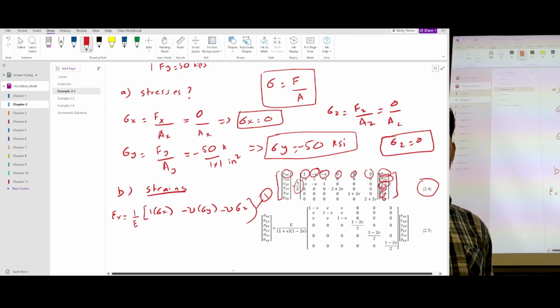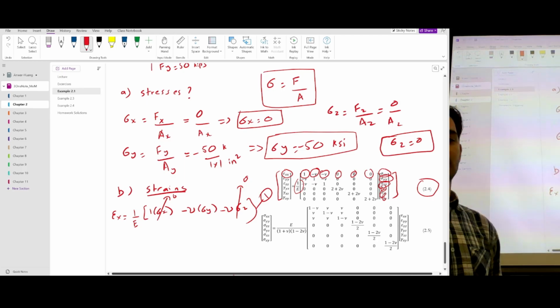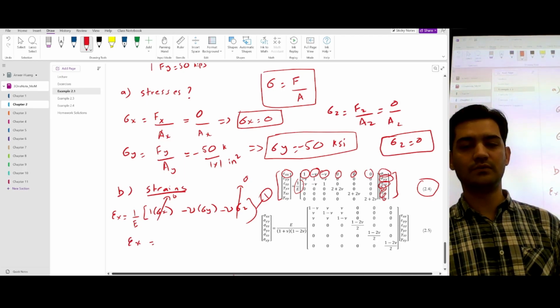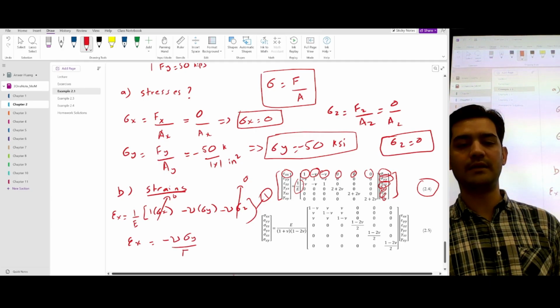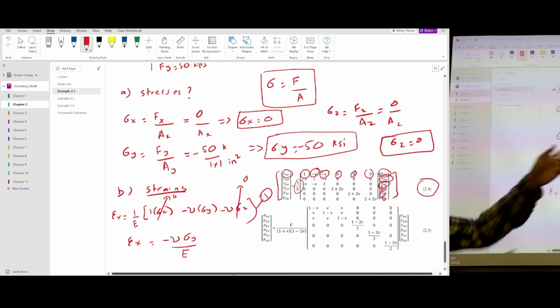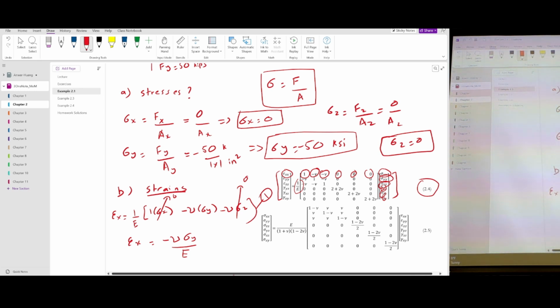And what is stress x? 0. What is stress z? 0. We have already calculated stress x and stress z, and they came out to be 0. So finally, we have strain x equal to negative Poisson ratio times stress y divided by E. That's the final result from equation 2.4 for the strain in the x direction.